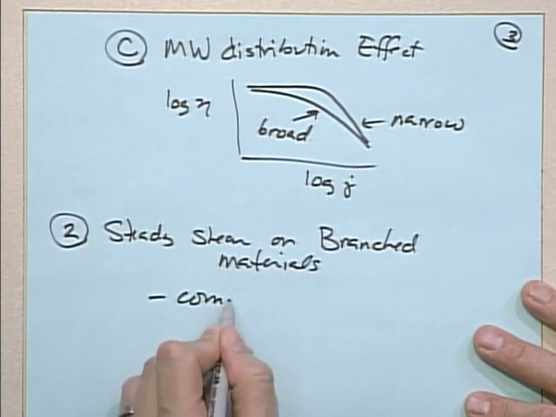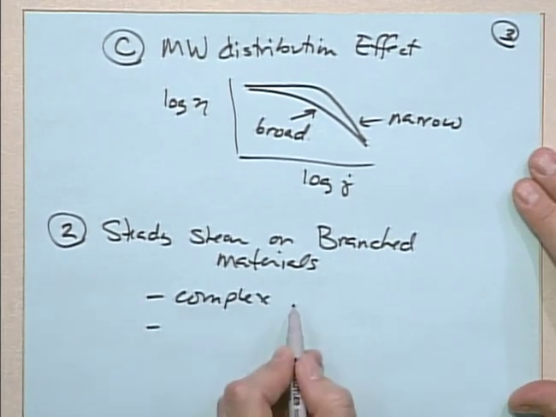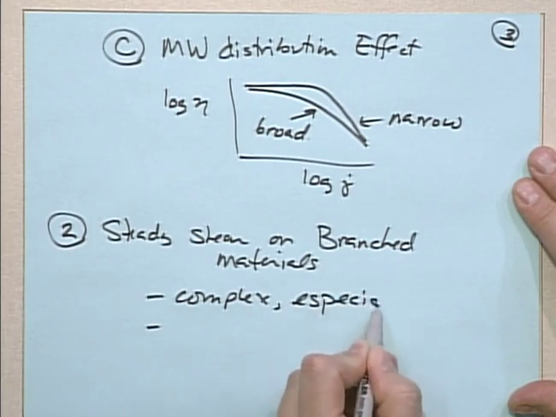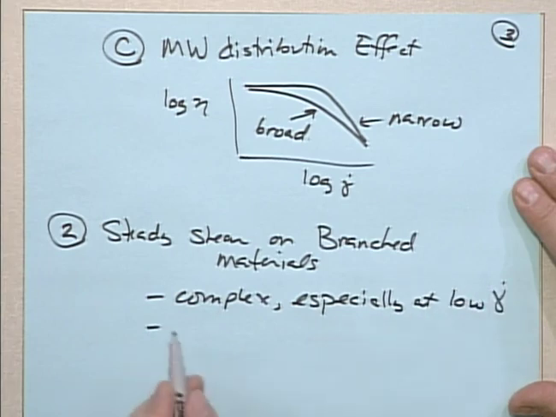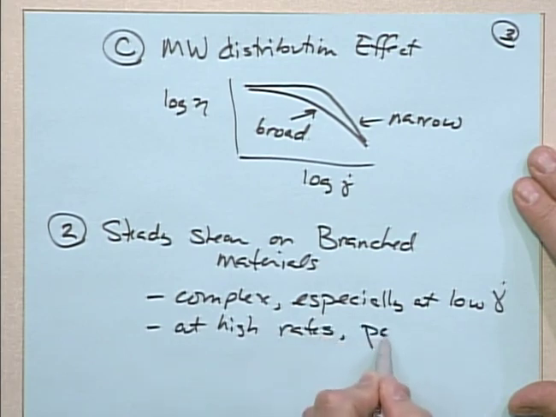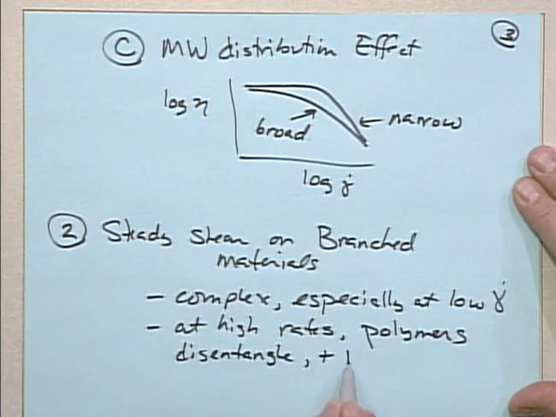It's complex, especially at low rates, and at high rates, the polymers disentangle. And this lowers viscosity.